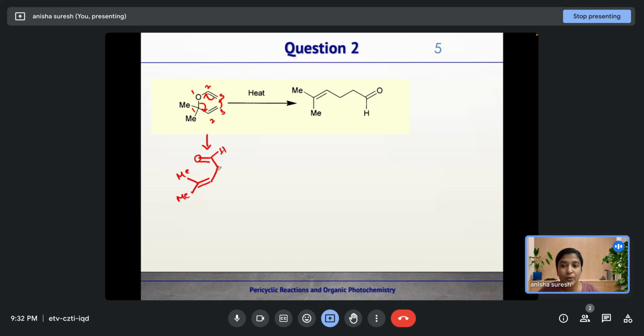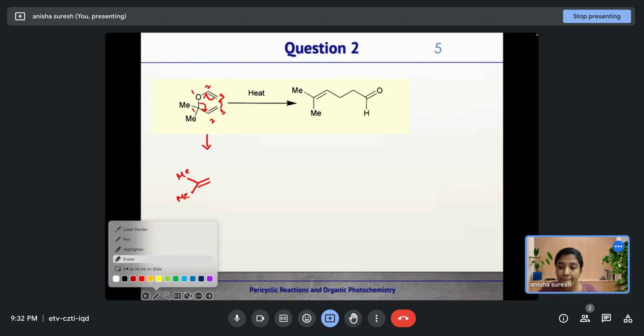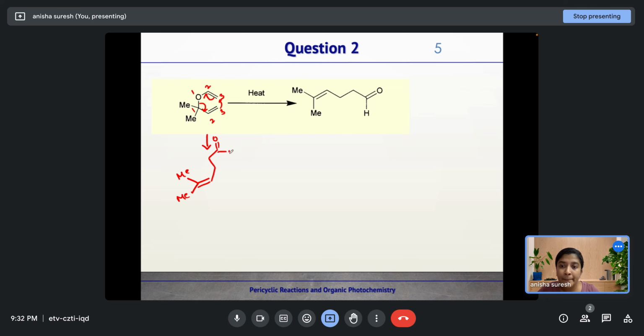It is one CH2. Two CH2s will be there. Sorry for the mistake. This double bond will be coming here. Then here a CH2 will be there. This will also be a CH2. This will also be a CH2. 1, 2. And this will be the carbonyl group. So this is the product that is formed.